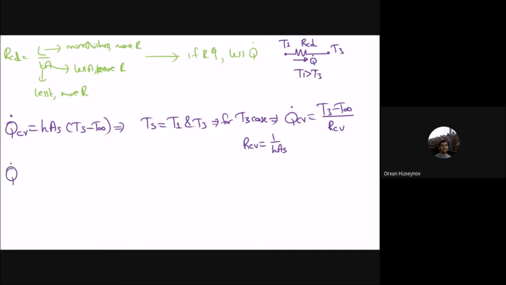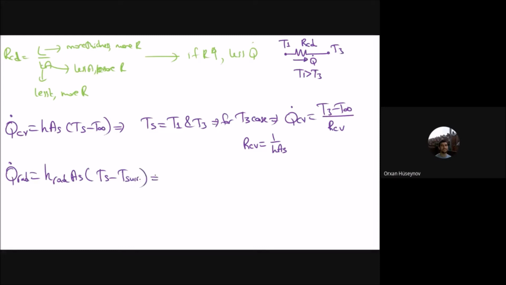And for the radiation part, this is again from our first lecture, where we said that you can simplify the radiation equation with h radiation, and you will have A_s, very similar to this one. You will have T_s minus T surroundings.